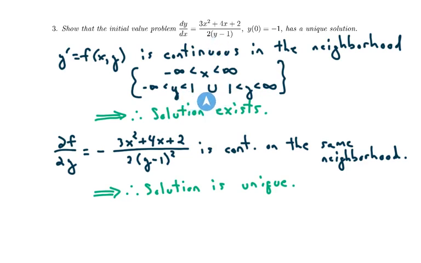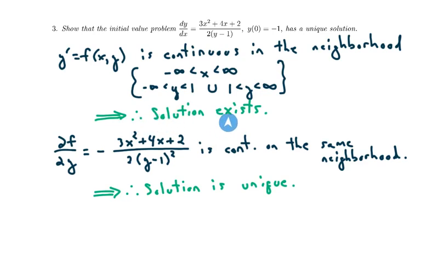And so it's going to be continuous for y below 1 or greater than 1. In particular, I'm going to look at this neighborhood here, x along the real line, y less than 1, because that contains the y0 value of the time point of 0, and the y of -1.